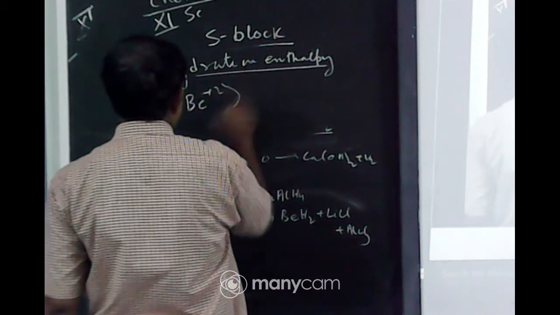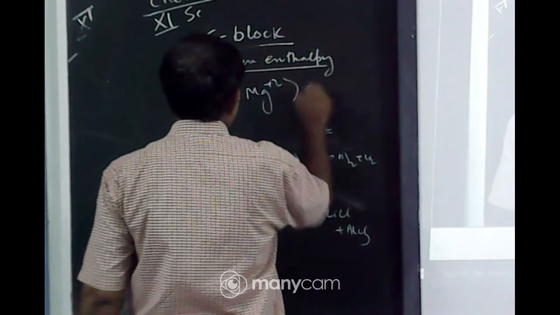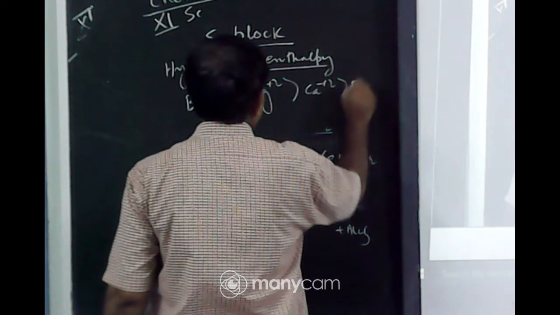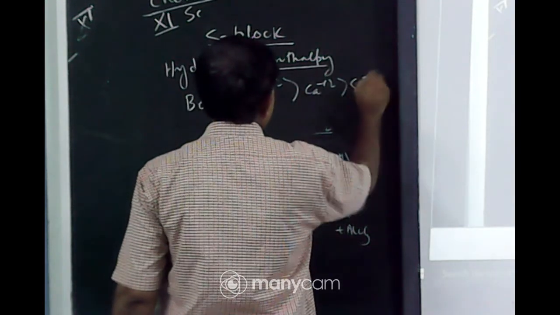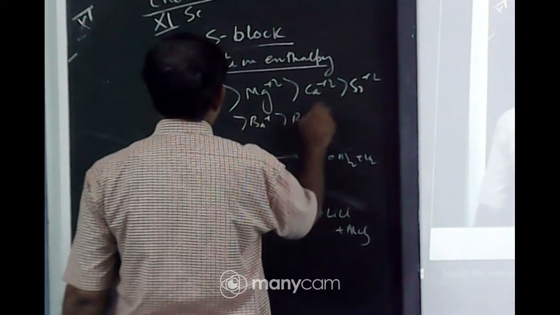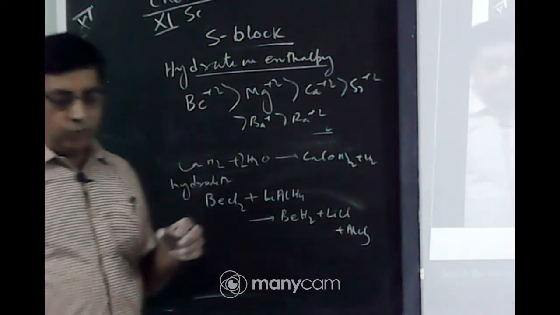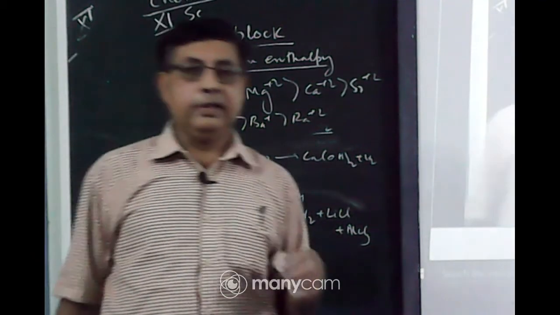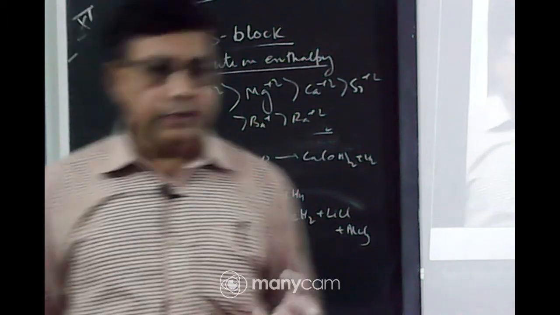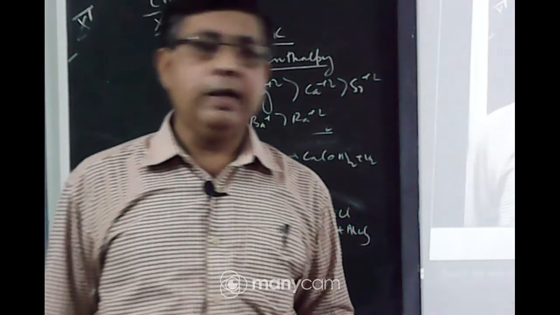Beryllium cation is maximum hydrated, then magnesium cation, then calcium cation, then strontium cation, then barium cation, and then radium cation. So, hydration energy decreases down the group, because down the group the atomic size increases. If atomic size increases, then the positive charge density will decrease. So, they will be less hydrated.